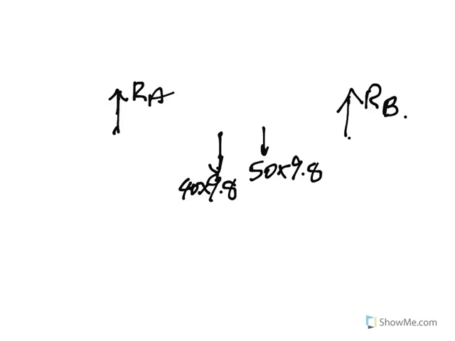Alright, so first of all it's asked for the reaction at support A. Since both of these are not known, to assist us we can take a point of rotation wherever we like, basically.